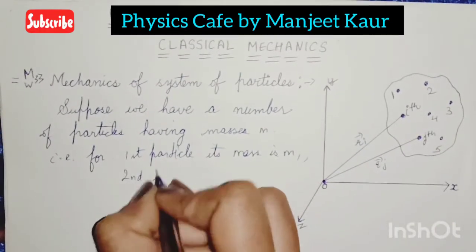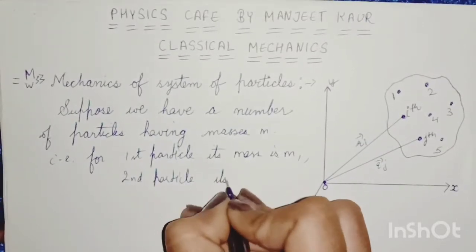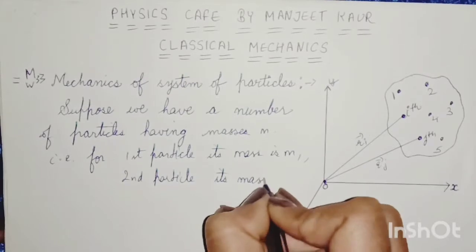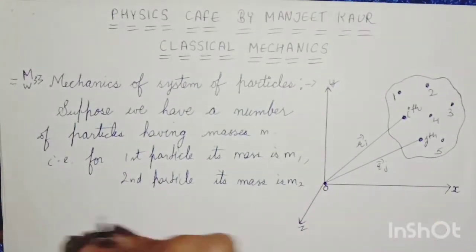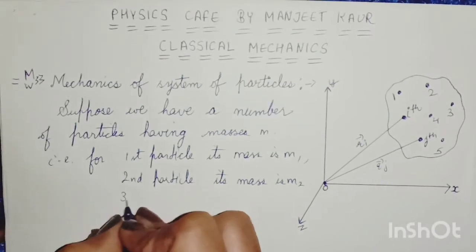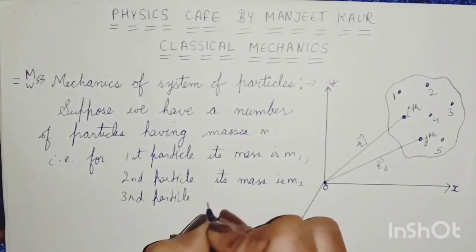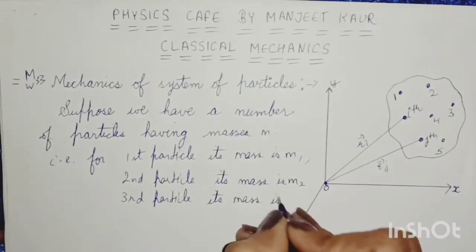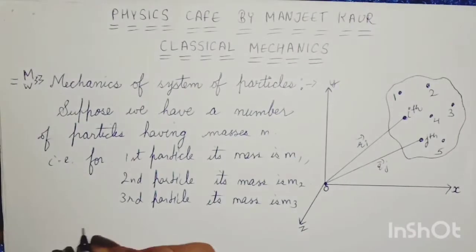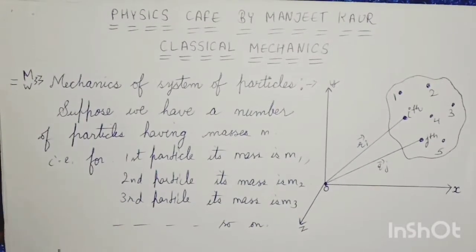Similarly, for the second particle, its mass is m2. For the third particle, its mass is m3, and so on.